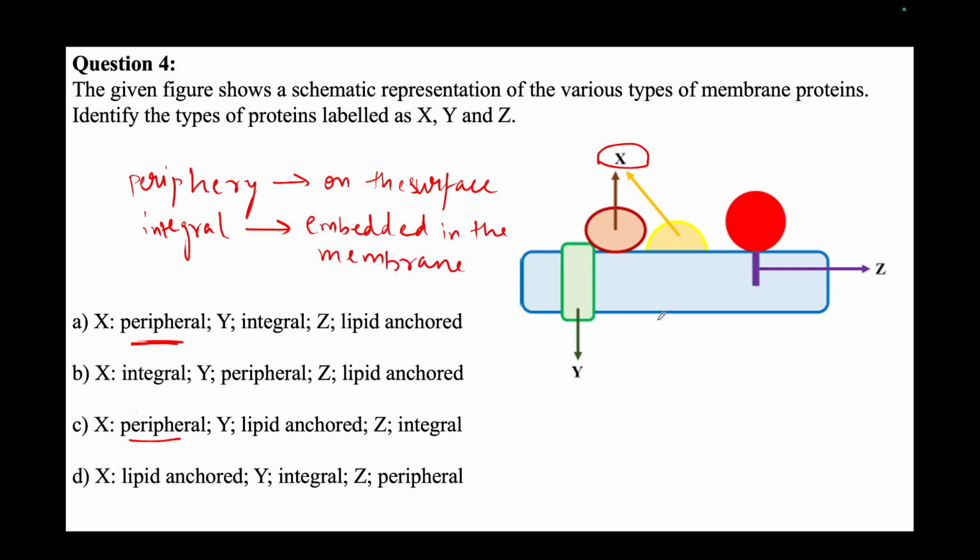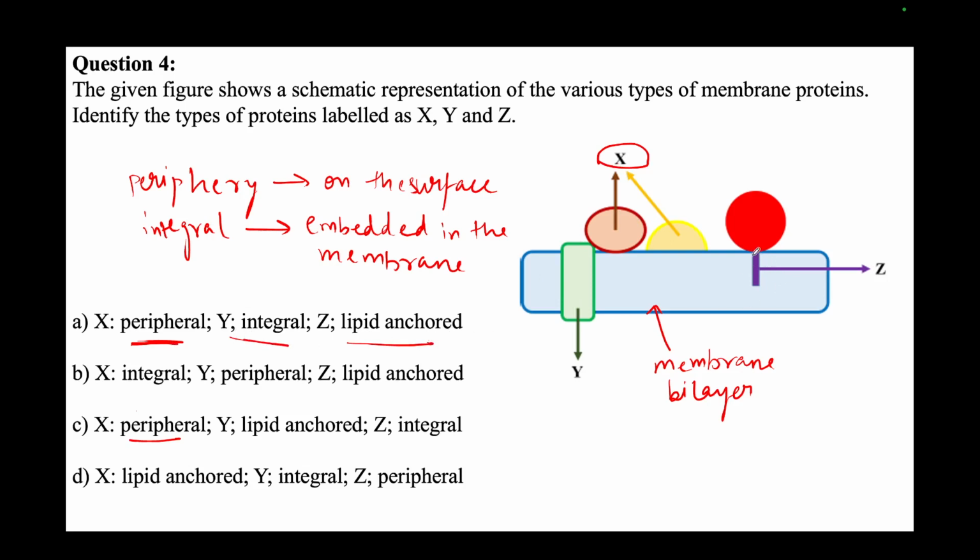This blue thing that you see here is the membrane, basically the membrane bilayer. So X is peripheral protein, Y is integral and Z is something called lipid anchored.